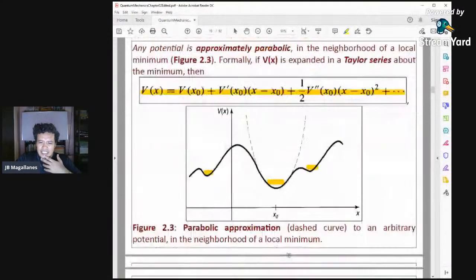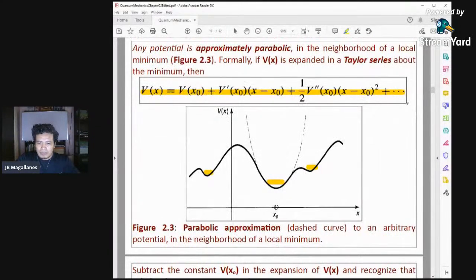So in this case, the illustration is at point x sub o.